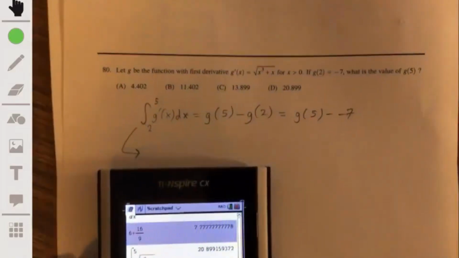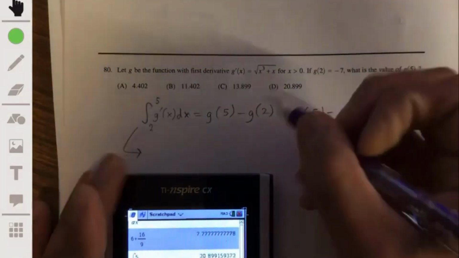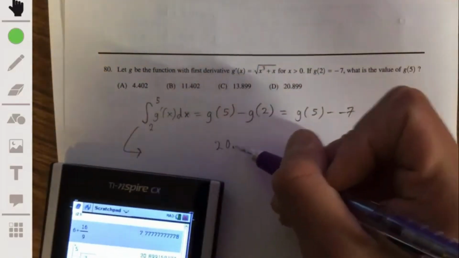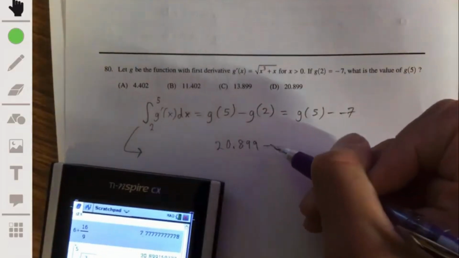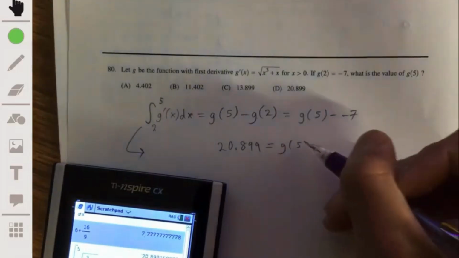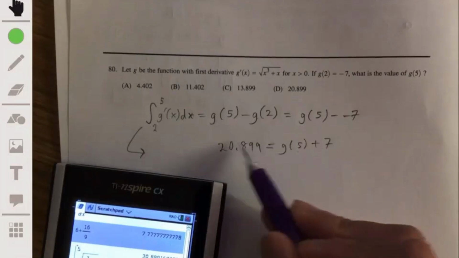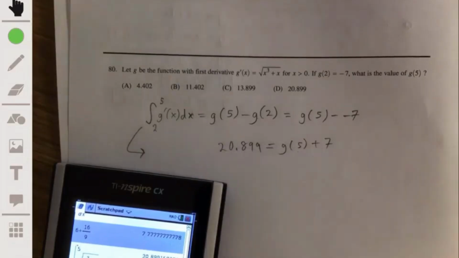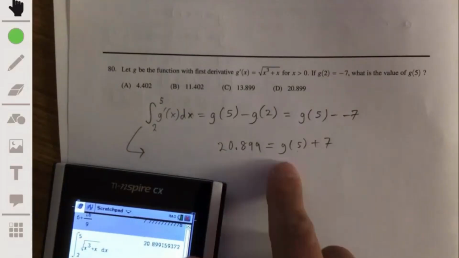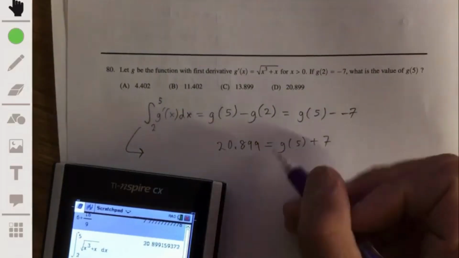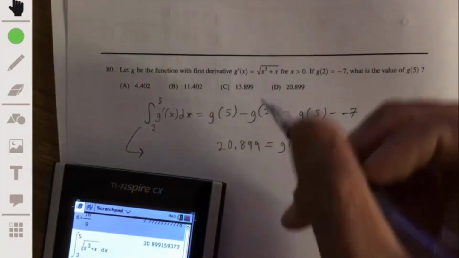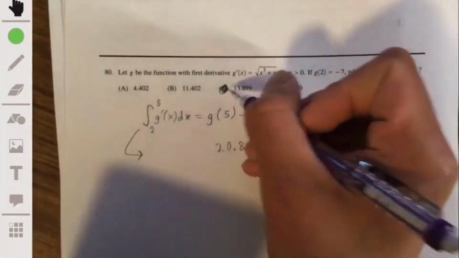That'll be about 20.899, which is equal to g of 5 plus 7. So g of 5 would be this minus 7, which is about 13.899. So the answer is C.